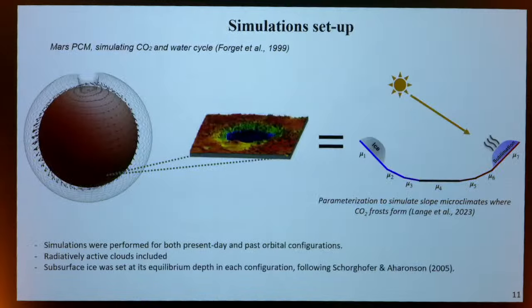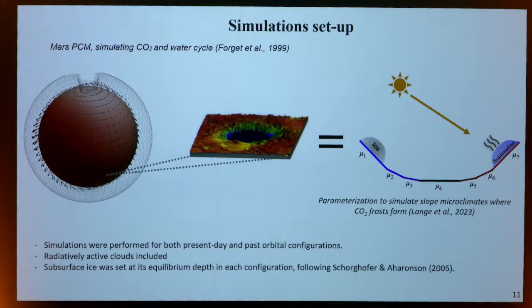To study that, I will use the Mars Planetary Climate Model, which was described by François and Jean-Baptiste this morning, and as we will look at the effect on the formation of gullies, we have to include slope microclimates.